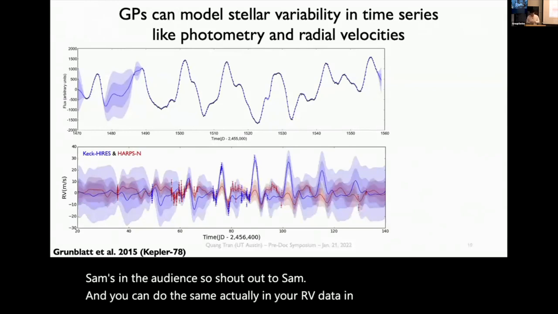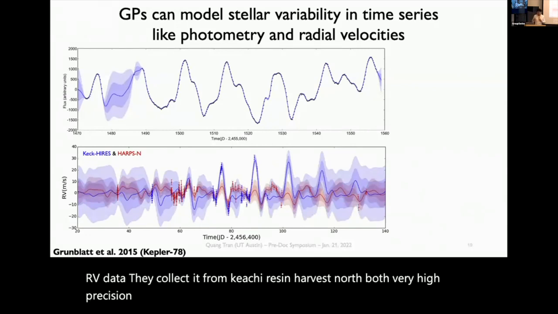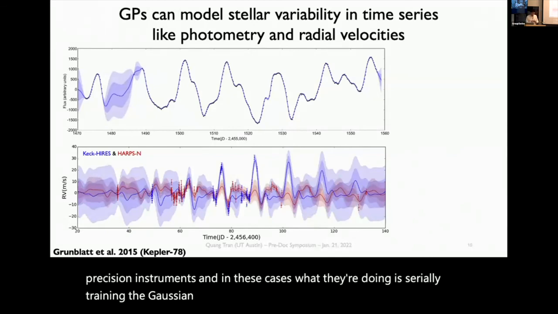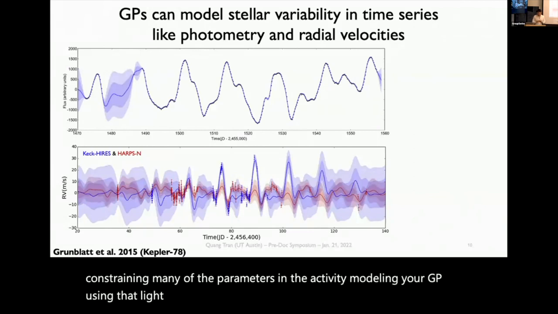Here I'm showing the RV data they collected from Keck High-Res and HARPS-North, both very high precision instruments. In these cases, they serially train the Gaussian process on the light curve, constraining many of the parameters in the activity model using the photometry, and then do the same in the RV data.